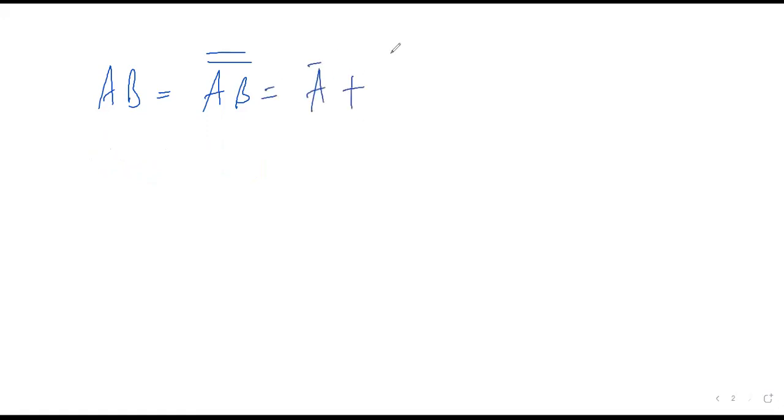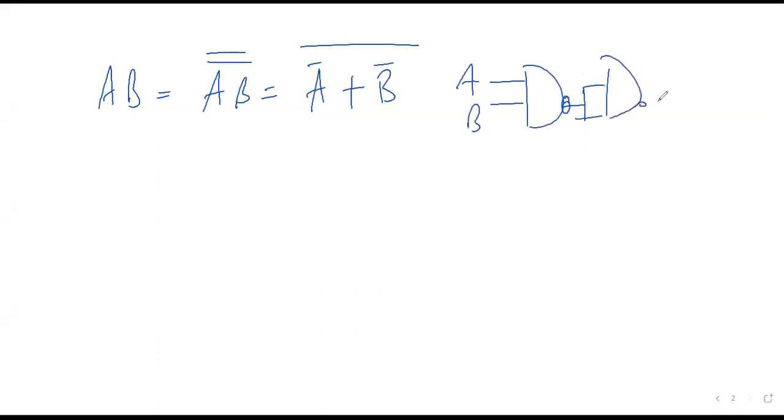A naught plus B naught bar. Can you do this? What is A naught? A, B. Let me see if I can find the solution for what I'm looking for here.